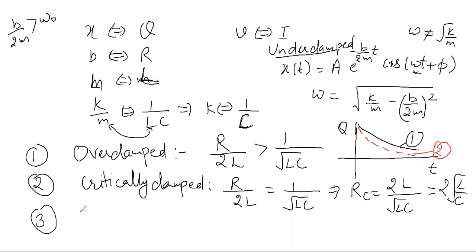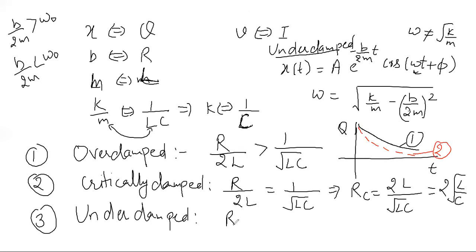The third case is underdamped, जिसमें actual में oscillations होते हैं. Mechanical oscillator में underdamped में हमने condition की थी that b upon 2m should be less than omega naught. Similarly here also you can say that in the case of underdamped your R upon 2L should be less than 1 upon this value over here.